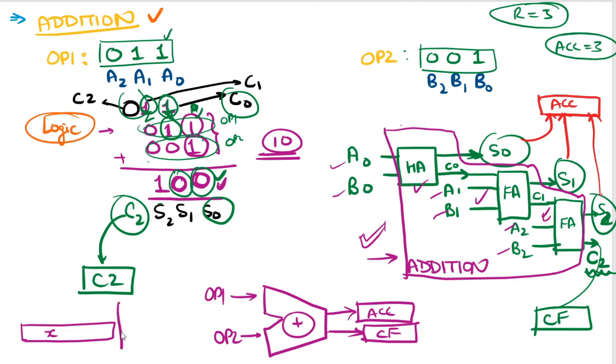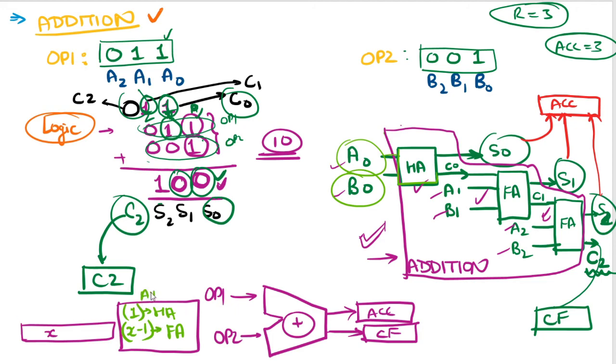We require one half adder for the initial step, because initially we don't have any carry, right? Just for the first step we require a half adder, and then we will require X minus 1 full adders. One half adder and X minus 1 full adders in order to implement addition.